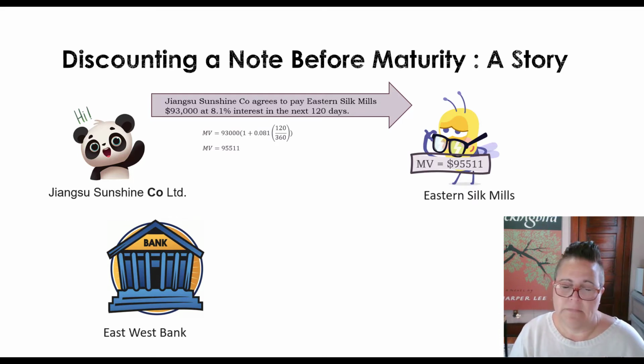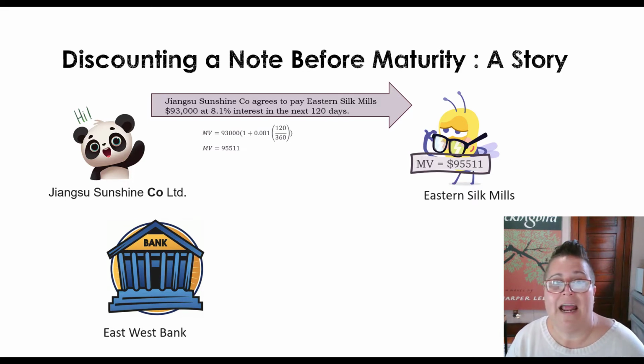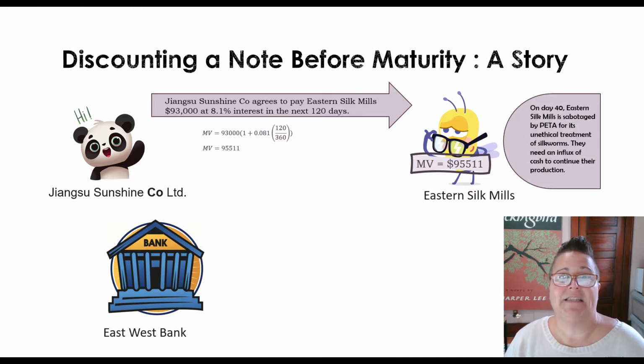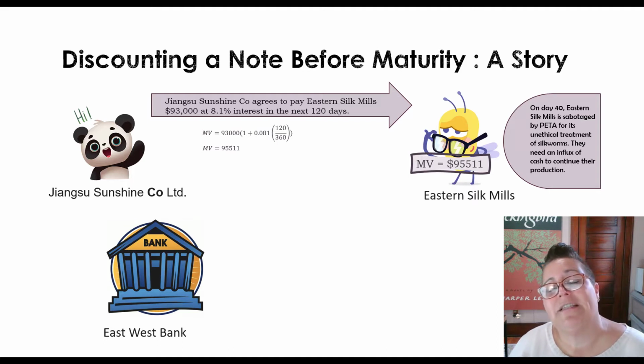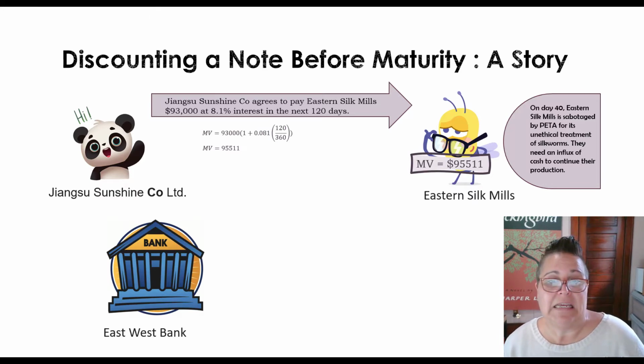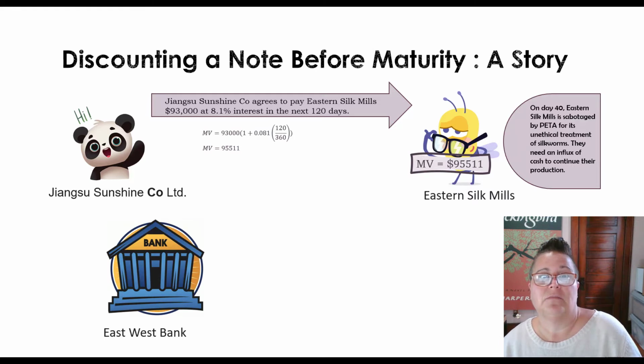Now, disaster strikes. Eastern Silk Mills doesn't have the $95,511. But in the meantime, 40 days into this loan, they are sabotaged by PETA for their unethical treatment of silkworms. In order to continue their production, they need an influx of cash.